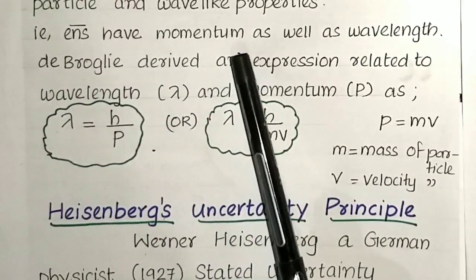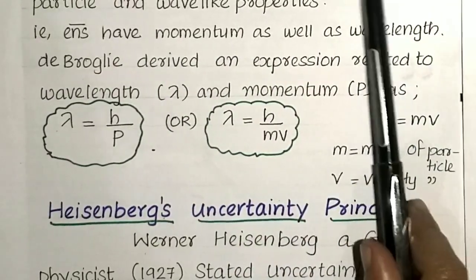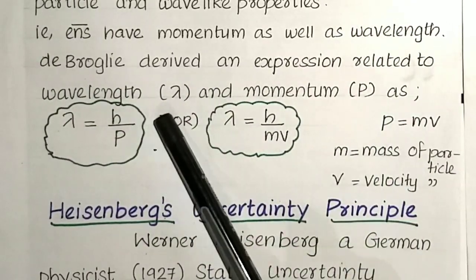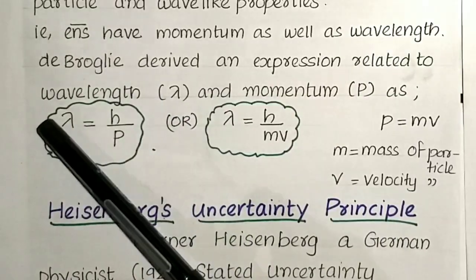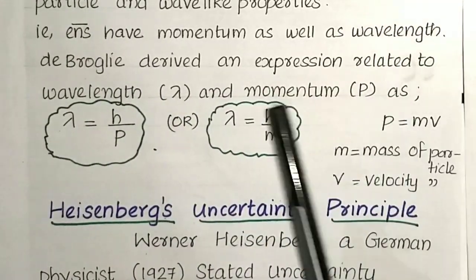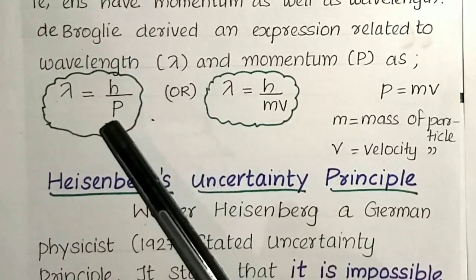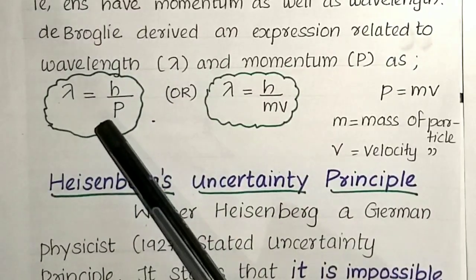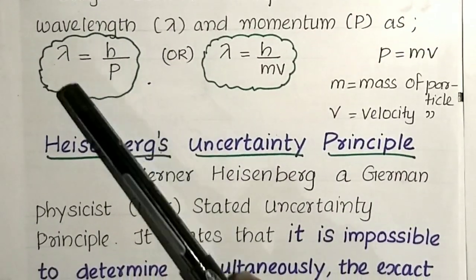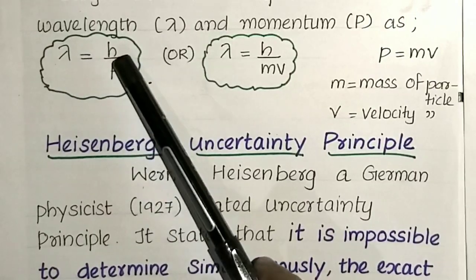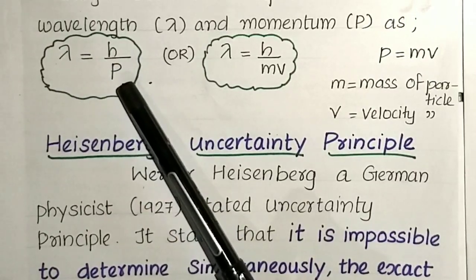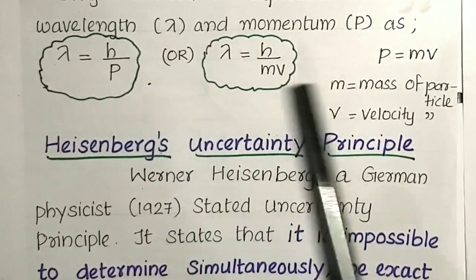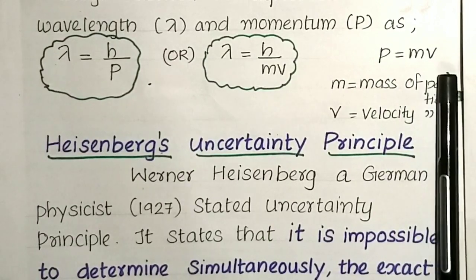Then electrons have momentum as well as wavelength according to de Broglie. So de Broglie derived an expression relating wavelength, related to wave nature, and momentum, related to particle nature. The wavelength lambda is equal to h by p, where lambda is the wavelength, h is Planck's constant and p is momentum, or lambda is equal to h by mv, since momentum p is equal to mass into velocity.